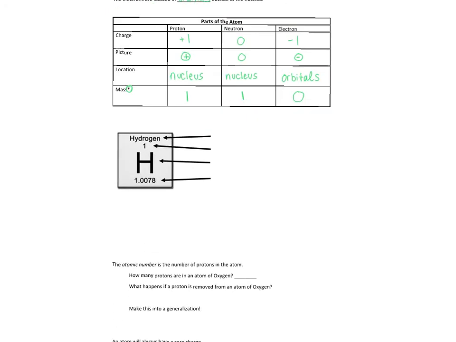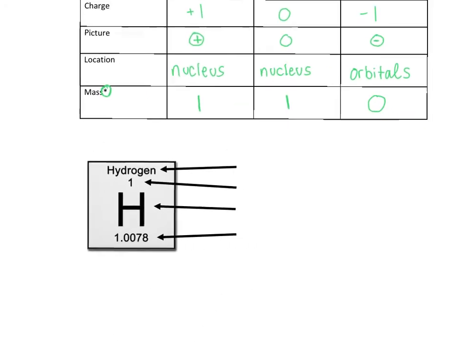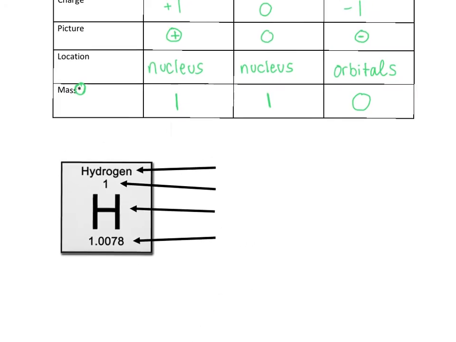So moving down now, when you look at a periodic table, which I will link a periodic table for you guys if you haven't opened it up already. No matter which periodic table you look at, whether you look at the one that's in our textbook or when we return to school, the one that's on our wall in the classroom, or the ones that you Google on the internet, they'll all be slightly different, but there will be the same information on all of them for the most part.